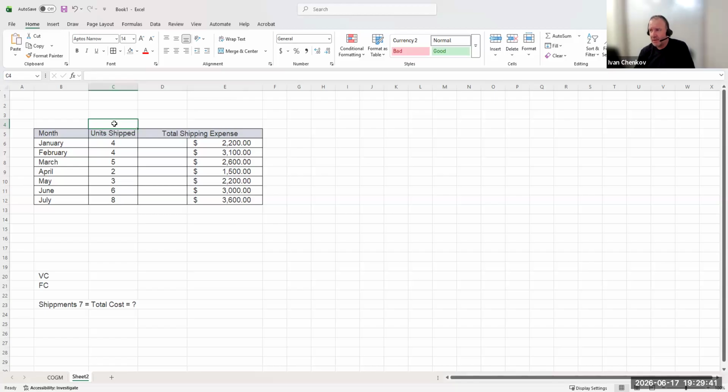Is it going to be labor hours? Is it going to be number of shoes produced? It doesn't matter. It's going to be usage. One will be the usage, the other one will be cost. Those are the two pieces of information that you're looking for: usage, the number of units, and cost, the dollar amount. Once you have those two, sky's the limit.